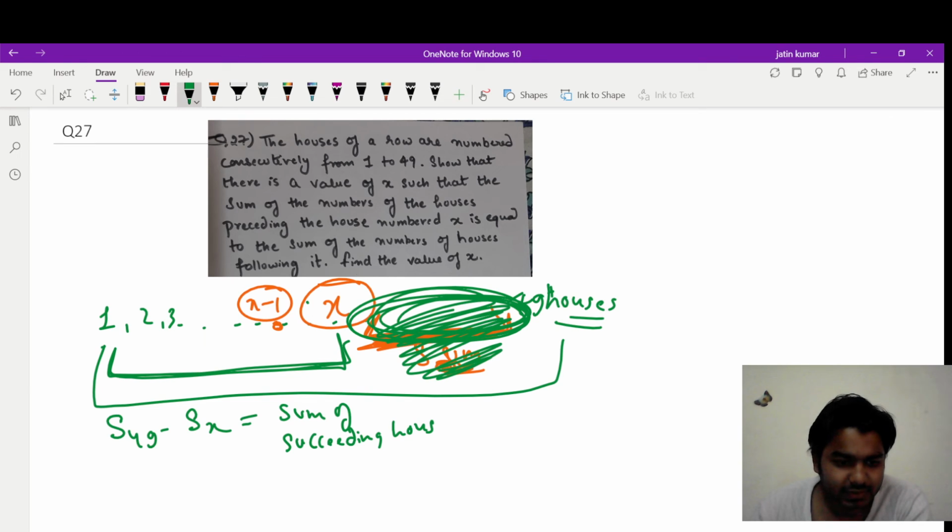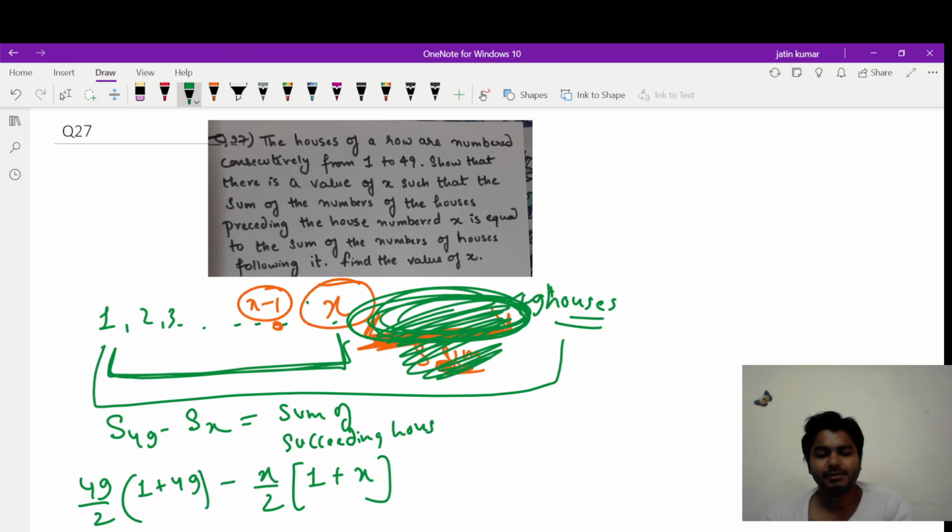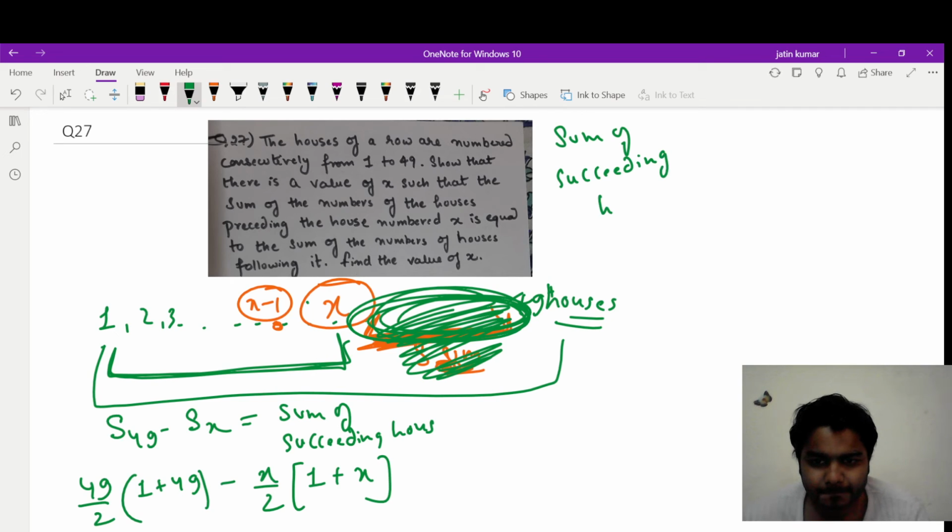So how do we do 49? Directly write 49 upon 2 into a plus l, 1 plus 49, minus Sx, which is x upon 2 into 1 plus x, simple, right? So the sum of succeeding houses will be 49 by 2 into 50 minus x by 2 into 1 plus x.